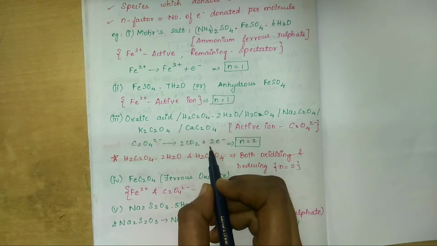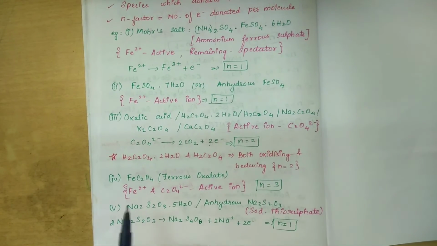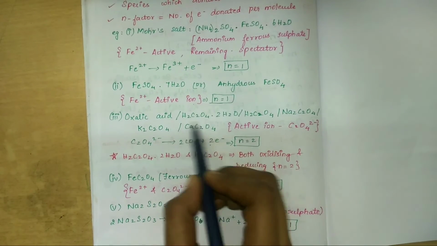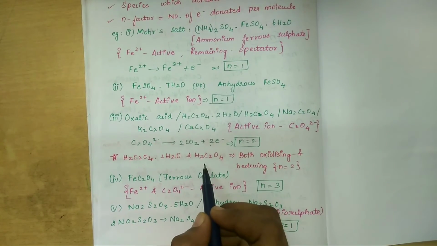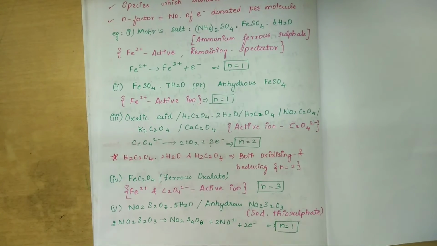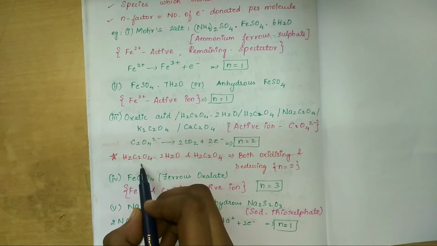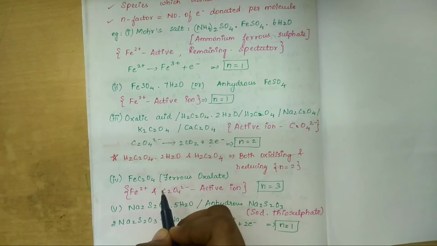It is donating 2 electrons, so its n factor is 2. Here, oxalic acid and anhydrous oxalic acid both act as reducing agents and have n factor 2.